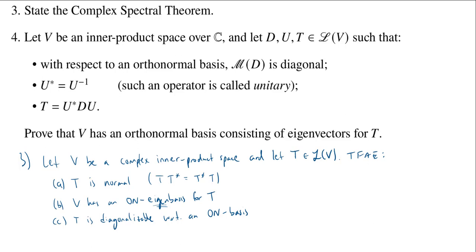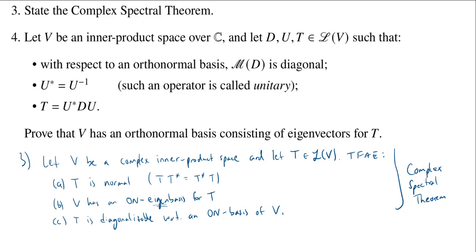So, with respect to an eigenbasis of V. That is what the complex spectral theorem is saying. Of course, there's a real version of that out there, but in that case, you need your operator to be self-adjoint and not just normal.